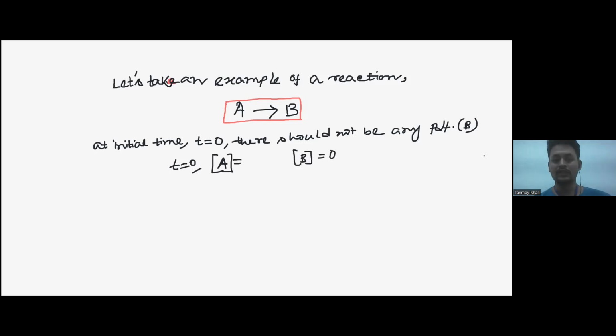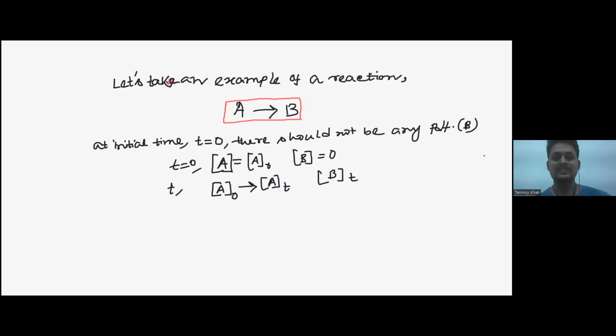Let's say the concentration of A is A naught, but B will be 0. With time, this A naught will become A at any time t, and this will become B at time t, right?